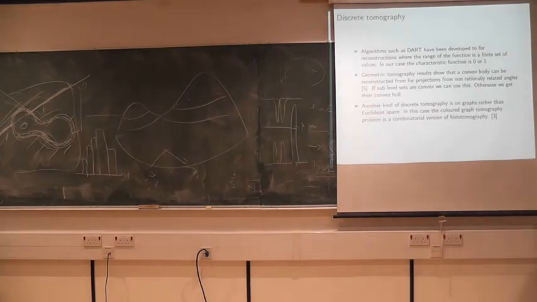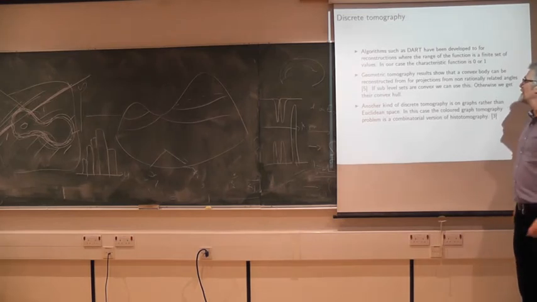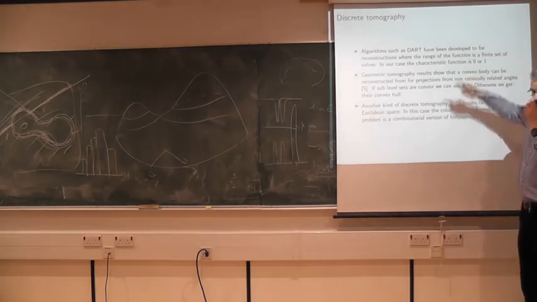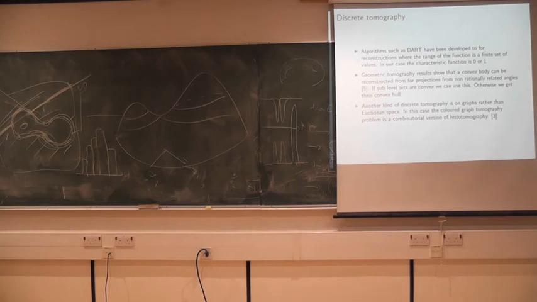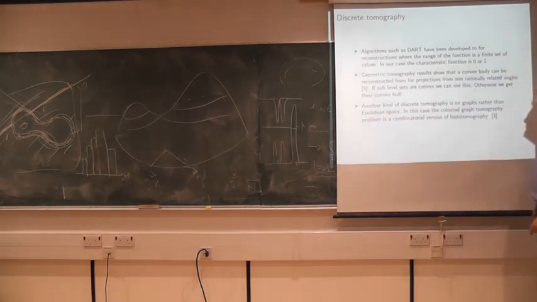And there's a bunch of algorithms that address that by doing something like an algebraic reconstruction technique, but basically knocking it back to be just the nearest of the values that you know. So DART is such a method. Joost Batenburg is a big player in this discrete algebraic reconstruction technique.